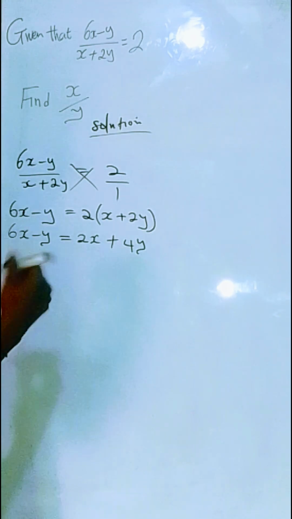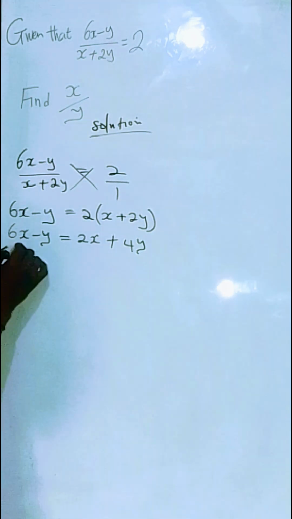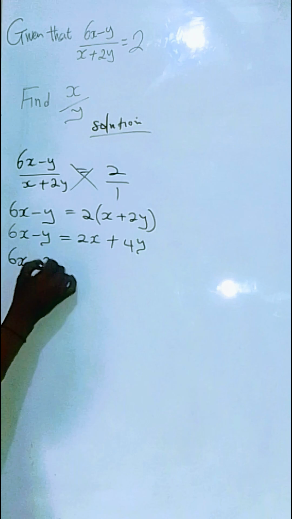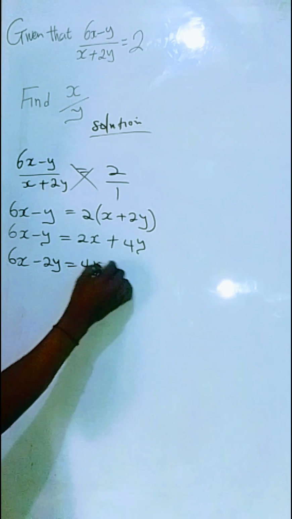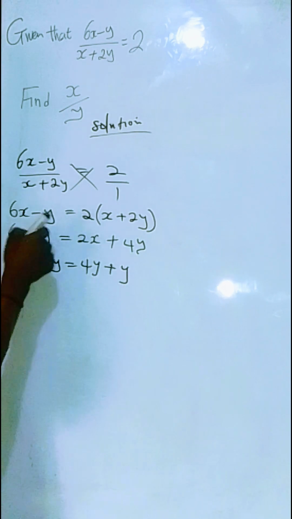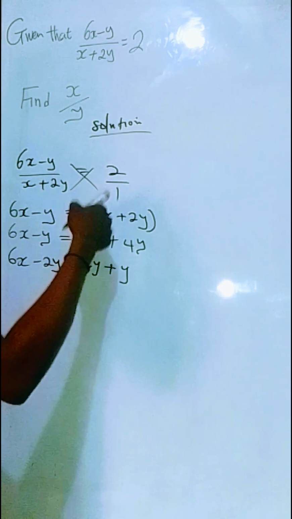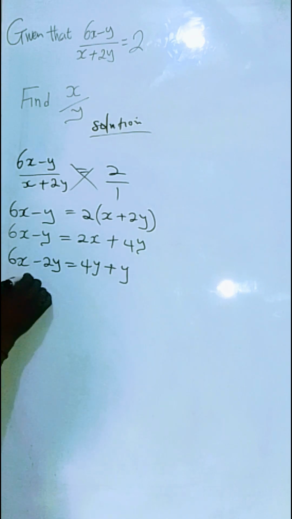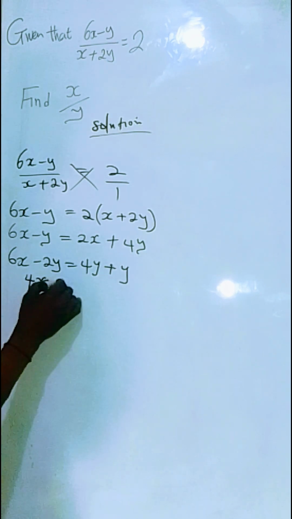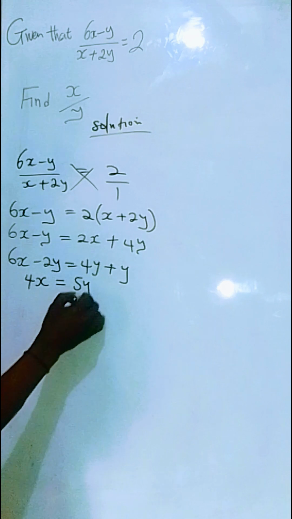Okay, so let's collect like terms. Alright, so we have 6x minus 2x is equal to 4y plus y, because this y is negative here. Once it crosses the equal sign, it becomes positive for that matter. So here is going to give us 4x is equal to 5y.